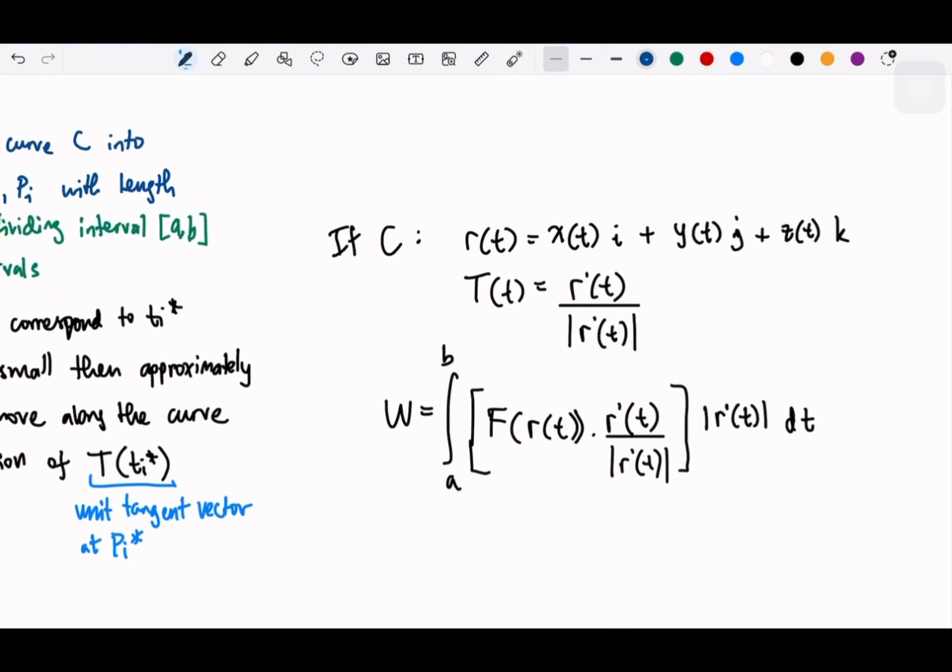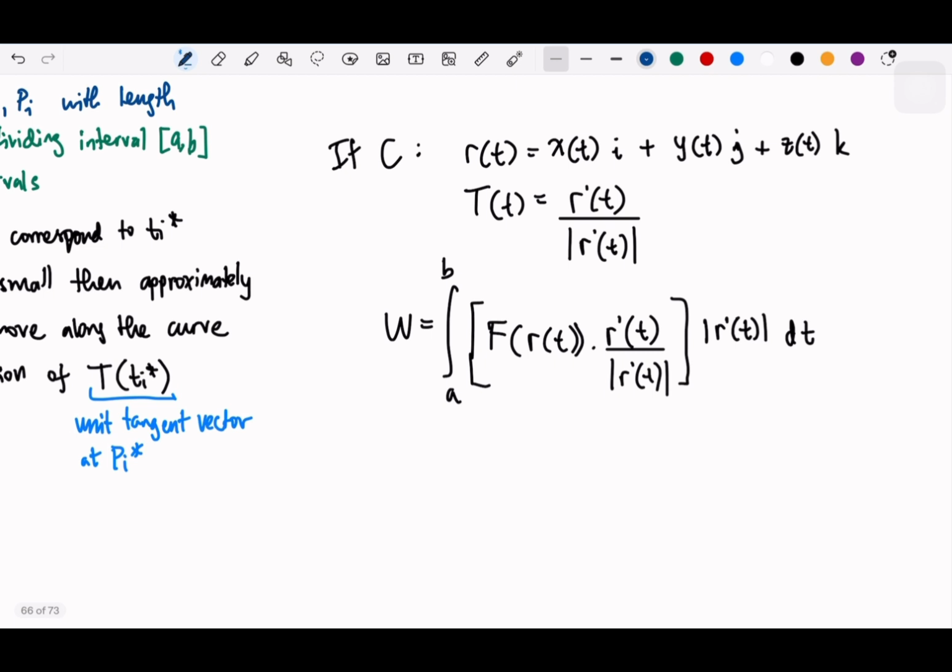And then we try to compute using respect to t, and then we can write the work as the integral of f(r(t)) dot r'(t) dt.